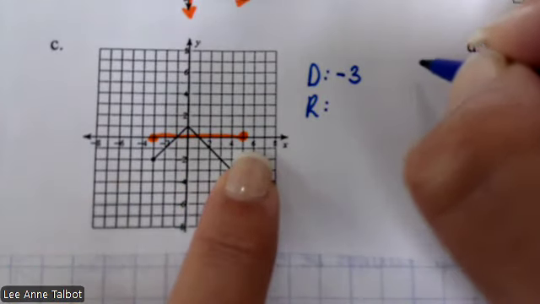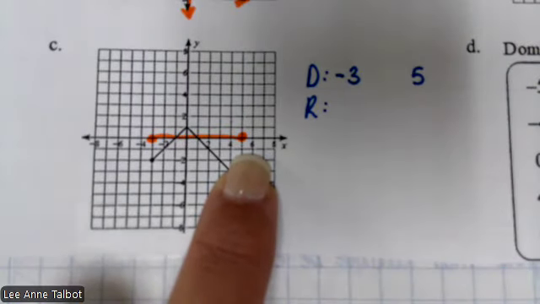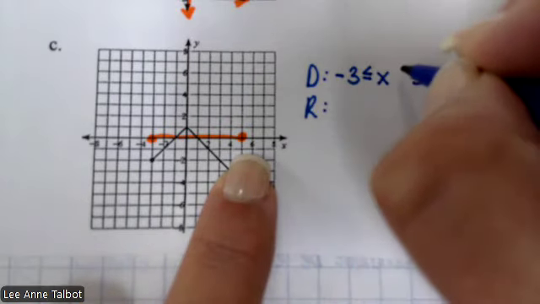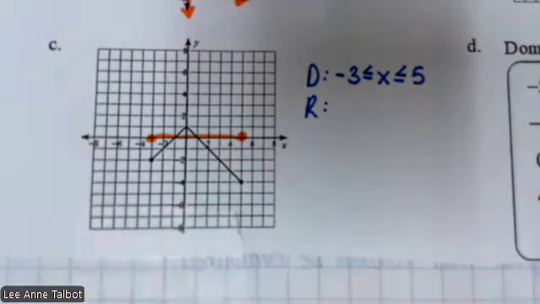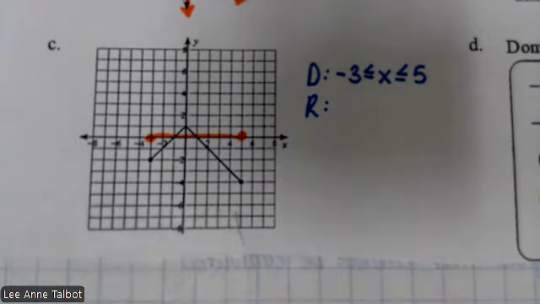The right is 5. And domain is X, so you put an X in the middle and then less than or equal to, less than or equal to. Aren't you glad that this wasn't on your quiz today? We're not ready yet. It was on the Math 3 quiz yesterday, though. Oh, I mean Tuesday. And they were still taking a while.